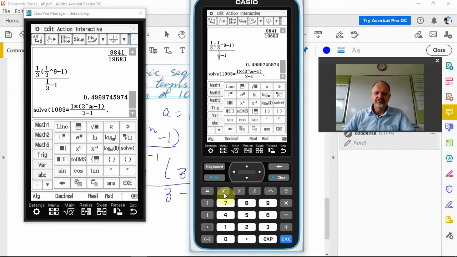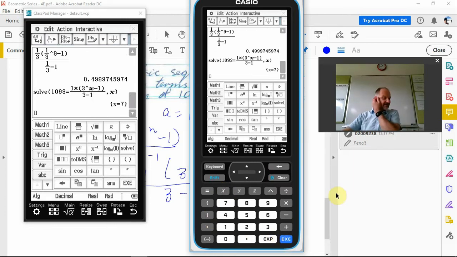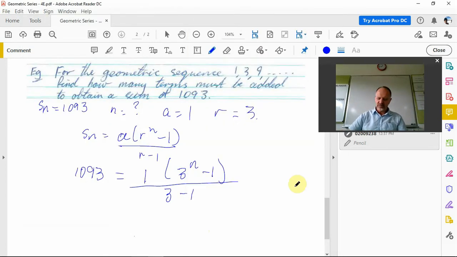Solve for x, please. And there we go, x equals 7. So the answer to this question is that n equals 7. You could go a bit more by hand if you wanted to, but in the end you're probably going to have to use your calculator anyway, so you might as well just solve this rather than doing some algebraic thing and then using your calculator.